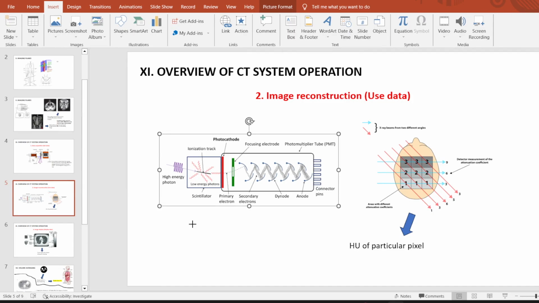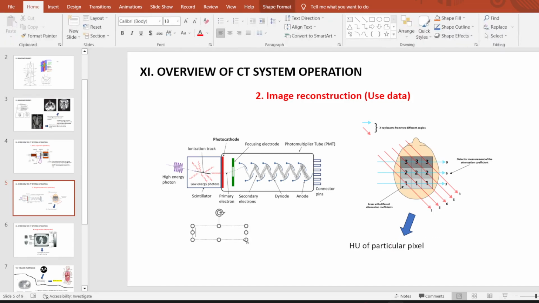Sometimes you hear this term, scintillation detector, because almost all modern CT in this century use it, in 2022.